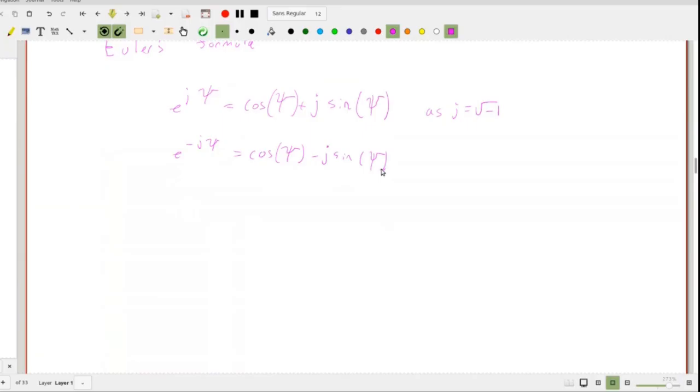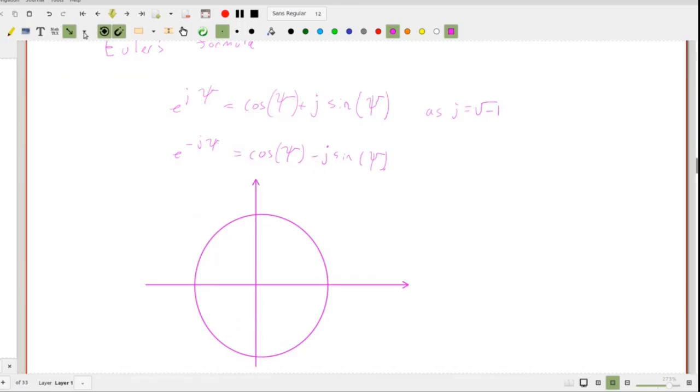All right, let me just draw it real quick. So we've got a plot. Ooh, I can do axes. So any point on our circle is e^(jψ), equal to the cosine of ψ plus j sine of ψ. Right?